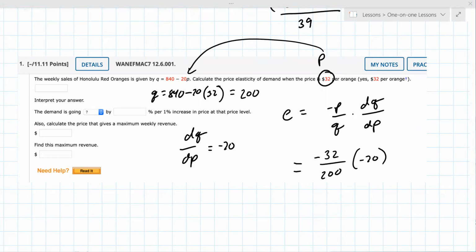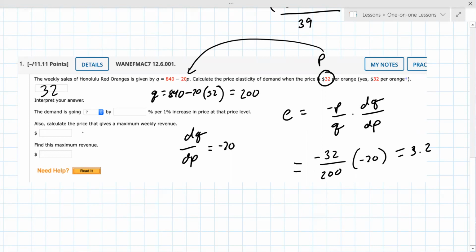Is that clear how we got that? So negative 32 over 200, and then dQ/dP. Yeah, that makes sense. So you multiply all that together and you get 3.2.